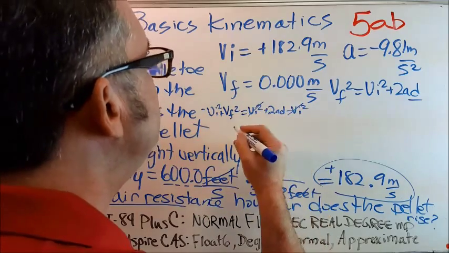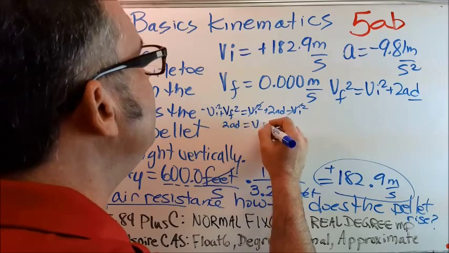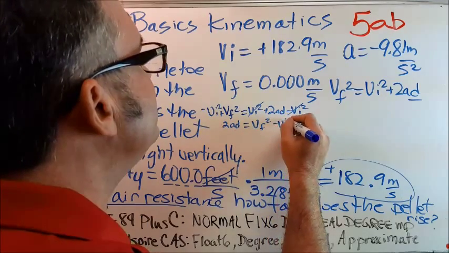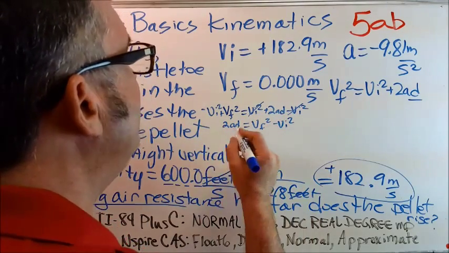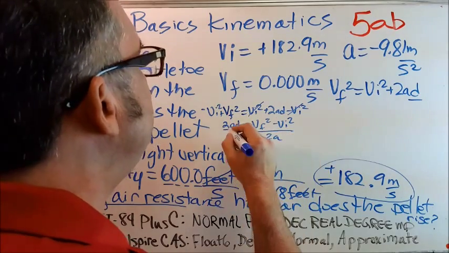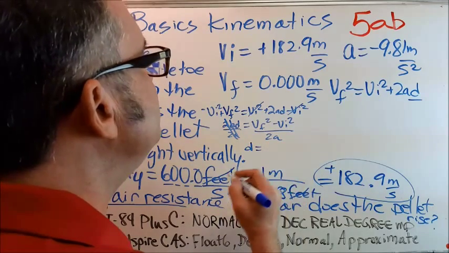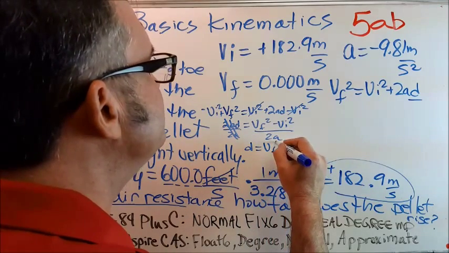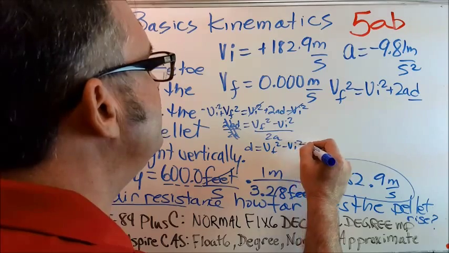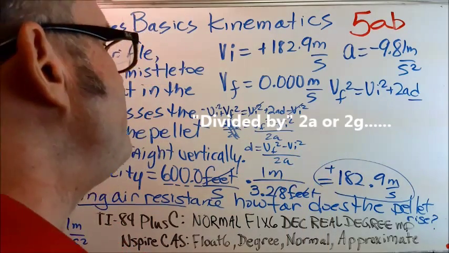That cancels. Then we would have 2AD is equal to VF squared minus VI squared. Why don't we divide both sides by 2A, and that gives us the final working equation: D is equal to VF squared minus VI squared over 2 times acceleration.